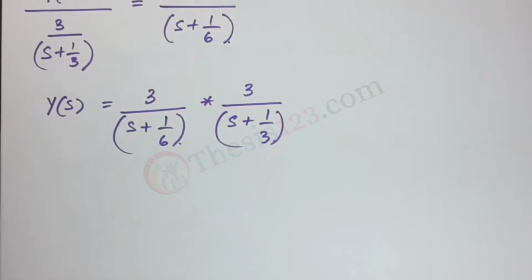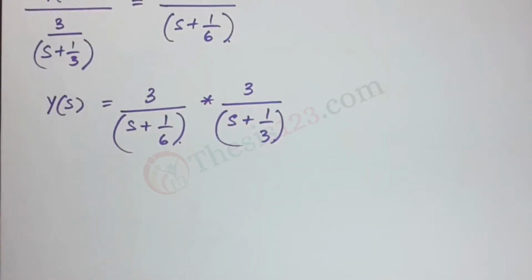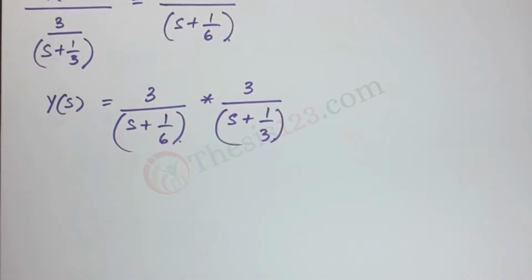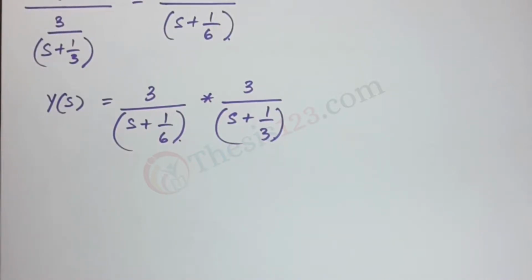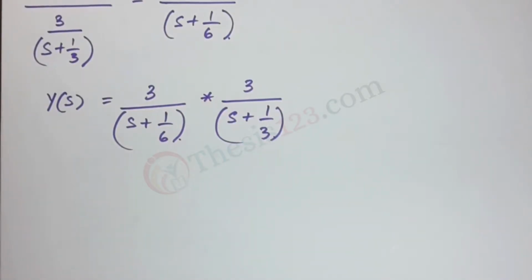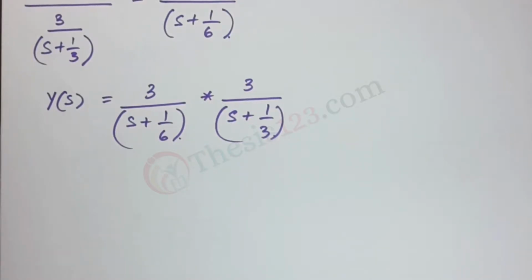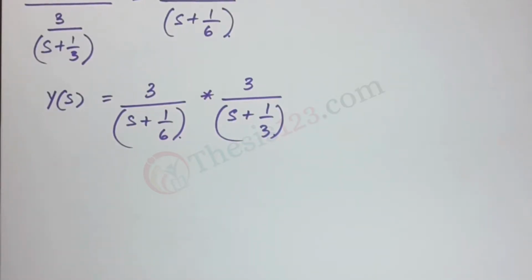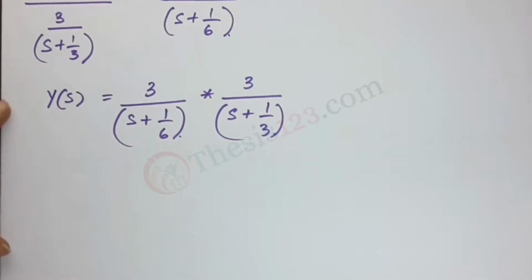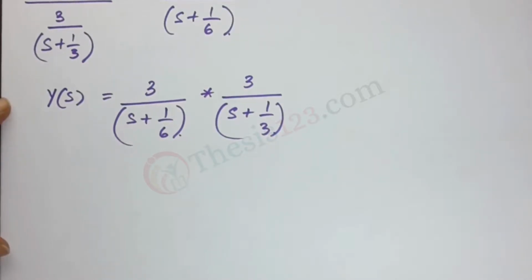In order to solve this further, it is important for us to find the partial fractions. So that's going to be our next step. I'm sure you're quite familiar with how to find partial fractions, but nonetheless, we'll just solve it here real quick.